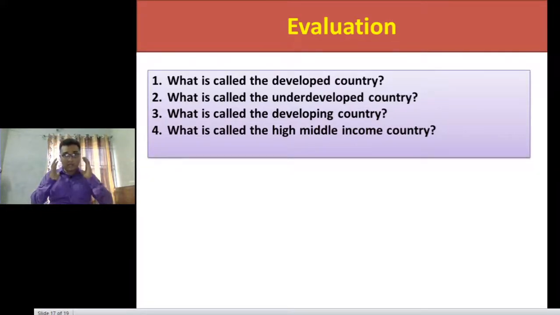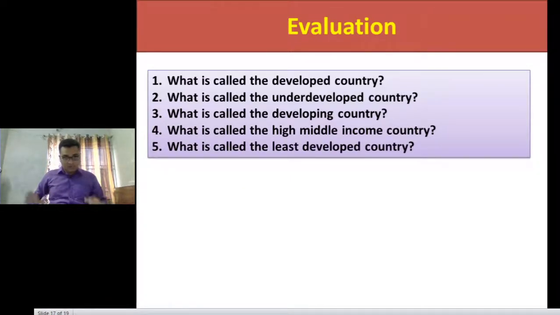So these are called the high middle income countries. My last question is, what is called the least developed countries? Basically, least developed countries are called the underdeveloped countries. Sometimes we can say they are the developing countries, but they are trying to improve their economic progress by taking different measures. Okay, so that's all about the evaluation part, dear students.